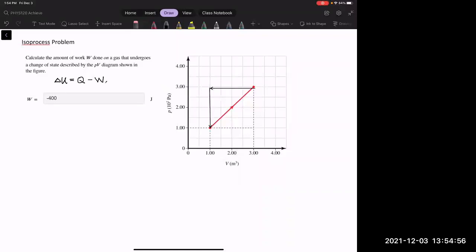W is the work done by the gas to the environment. And this Q here is the heat from the environment to the gas, meaning it is the energy that flows from the outside into the gas.